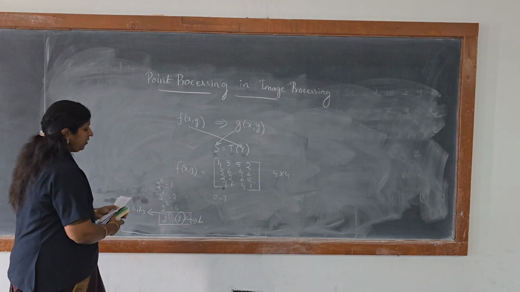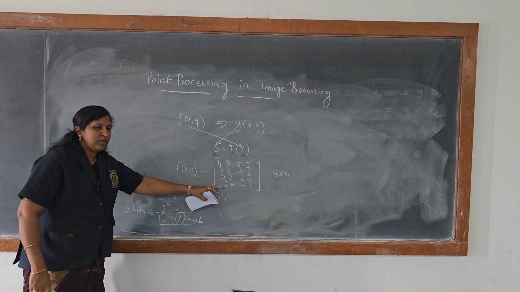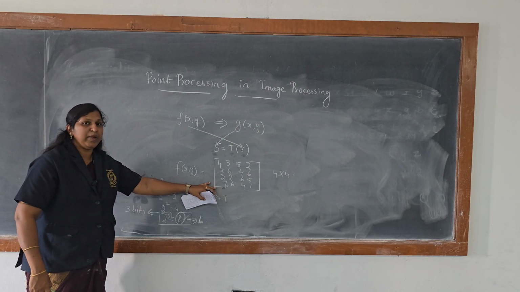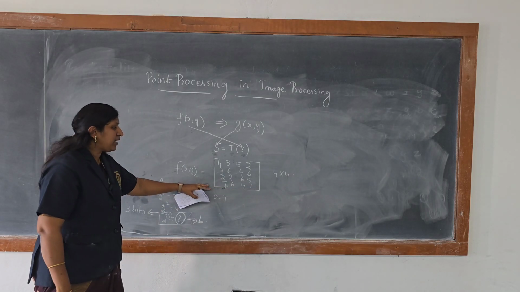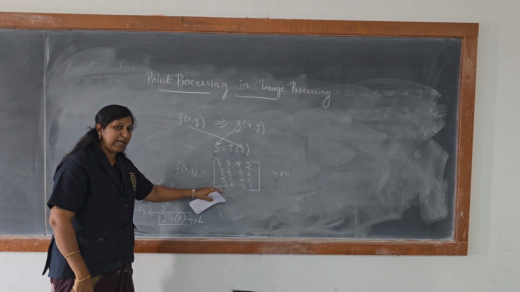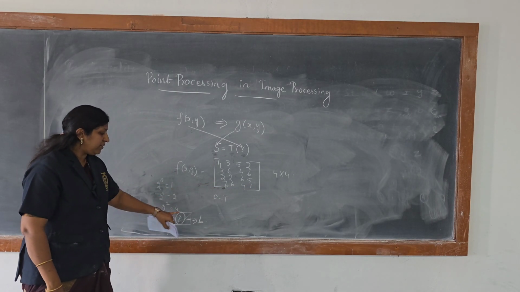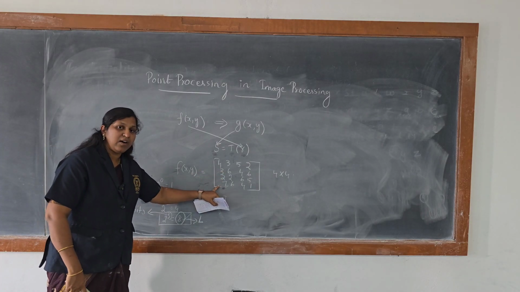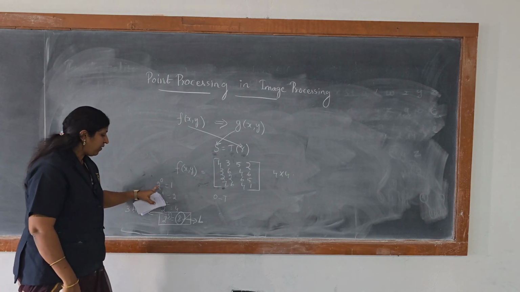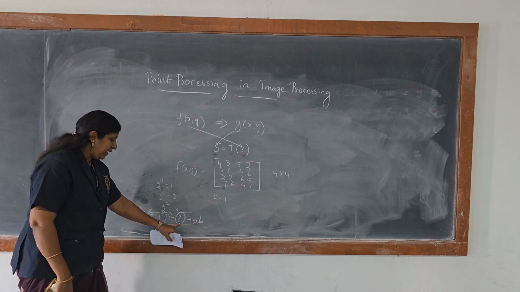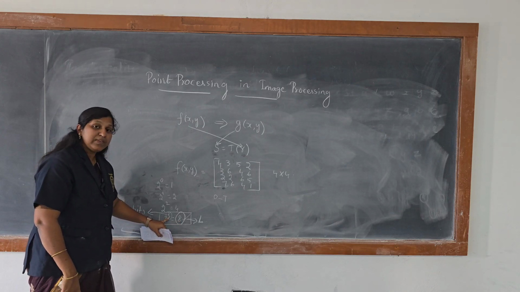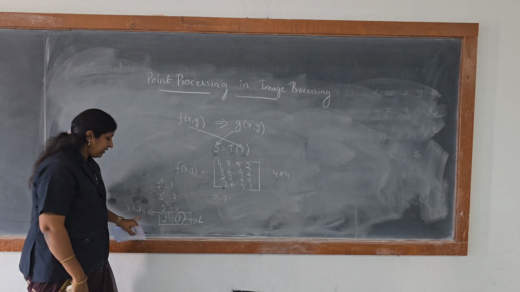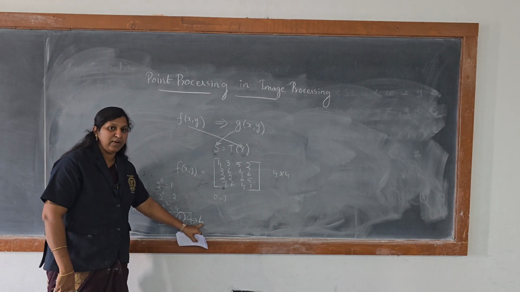So we considered one image matrix of size 4x4, wrote all these intensity values in powers of 2, and finally selected the 2 power 3 equal to 8 relation. From that, 3 is the size of the image and 8 is the L value.